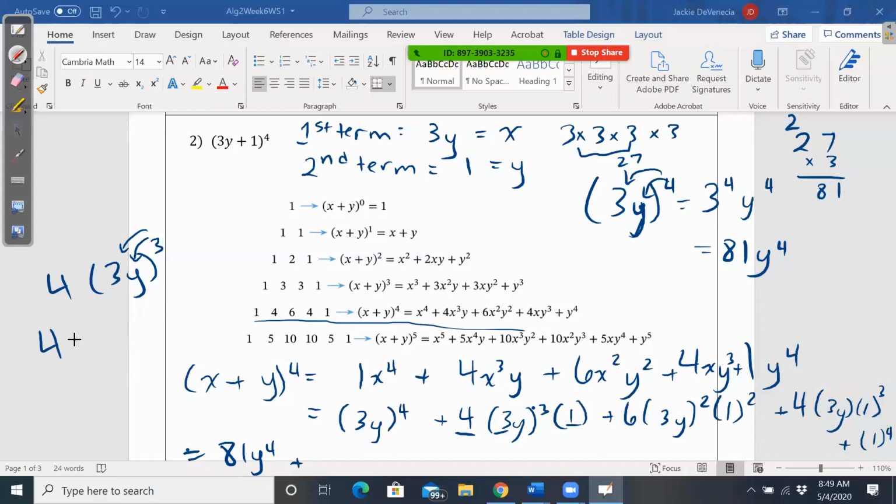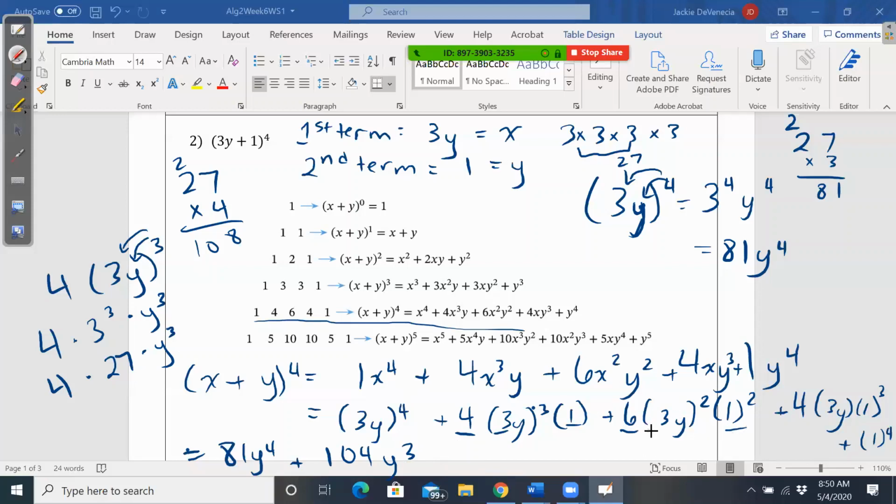So what I'm really doing is 4 times 3 to the 3rd power times y, and this will give me 4 times 27 times y. 27 times 4, that gives me 108. So this will give me 108 y to the 3rd.